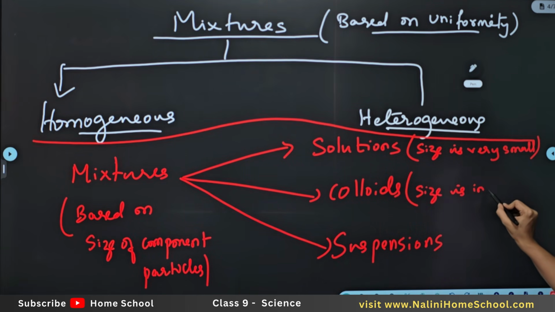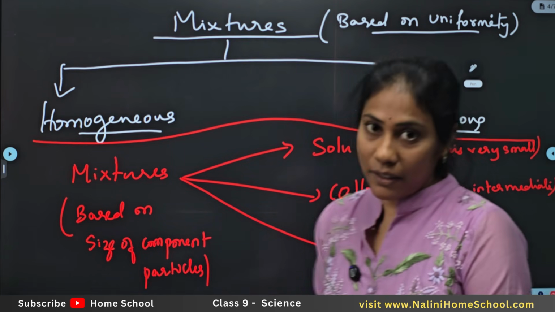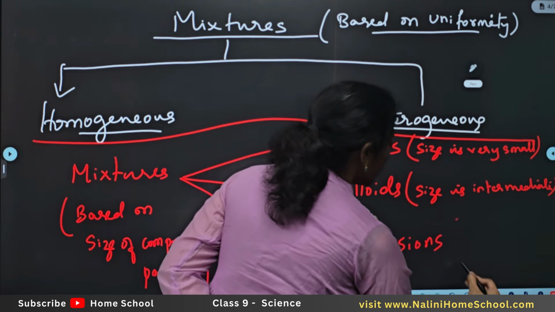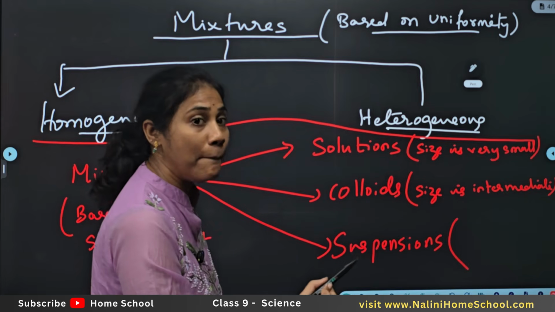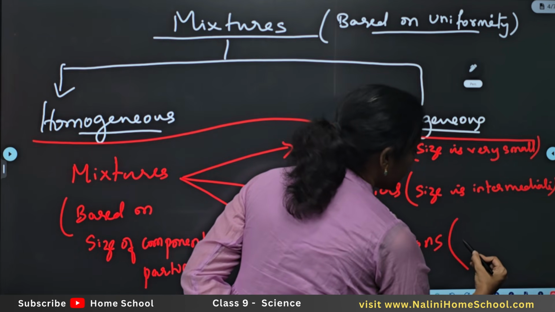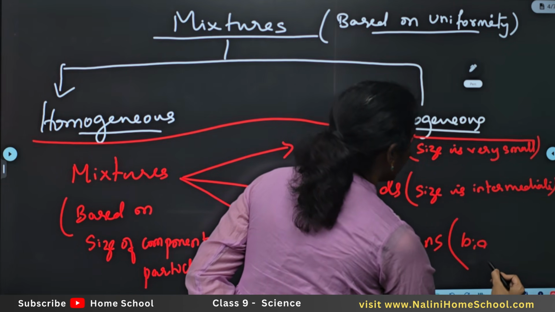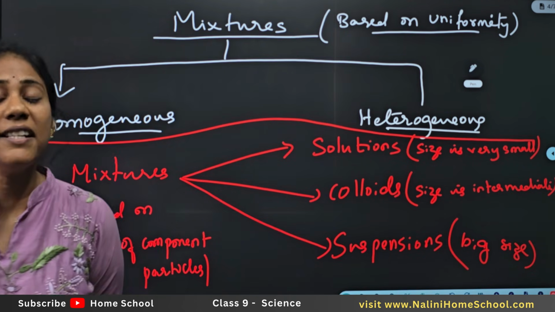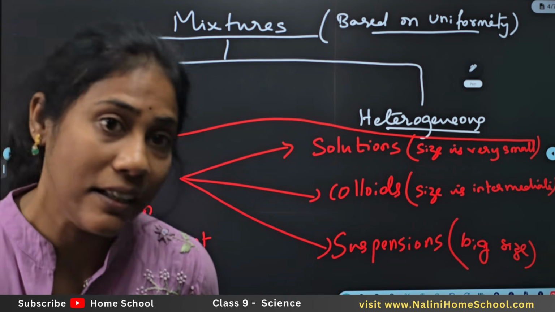It is neither small nor big. That is what we mean by intermediate size. And in suspension, the major component of the mixture is really big. The size is really very big for some of the particles in the mixture.